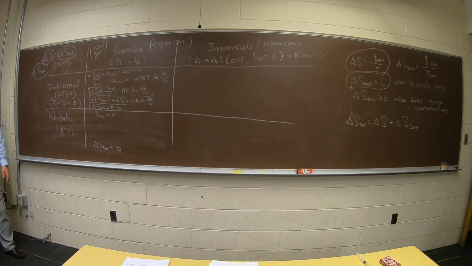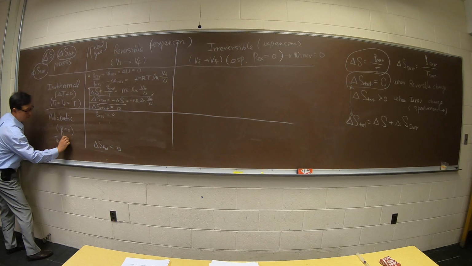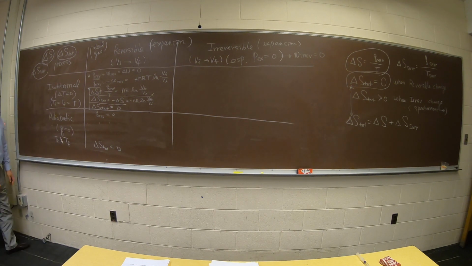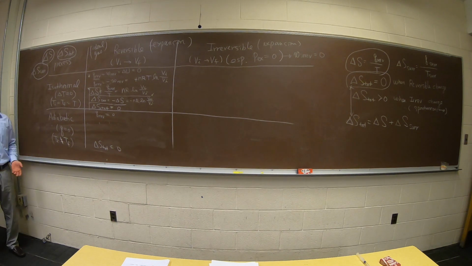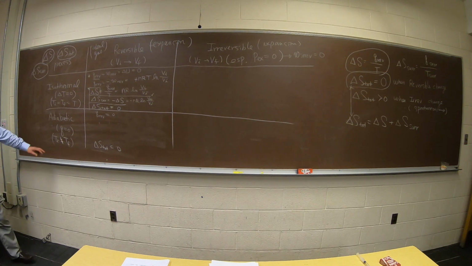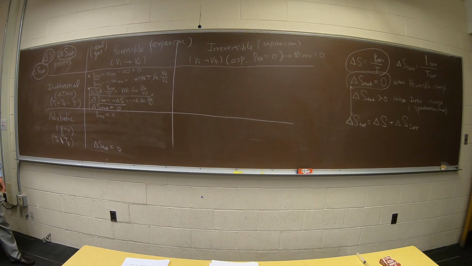T initial and T final are not the same. You calculate in your exam what's my final temperature and calculate other quantities based on this. Different temperature during adiabatic expansion is key.